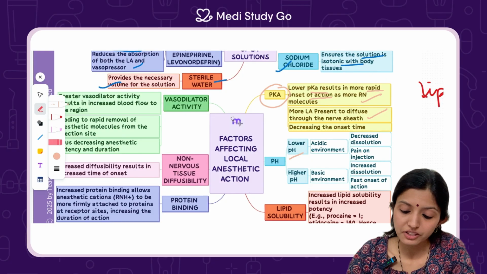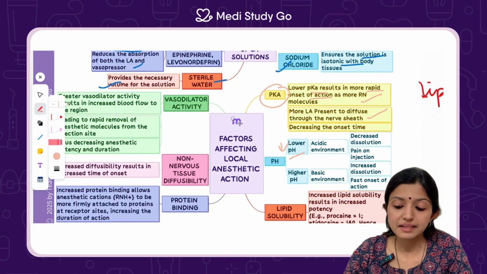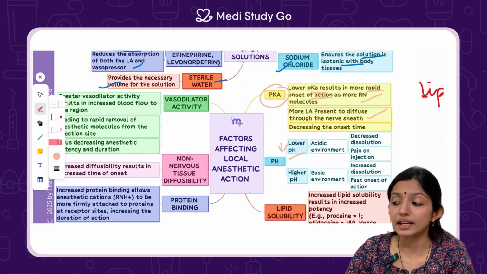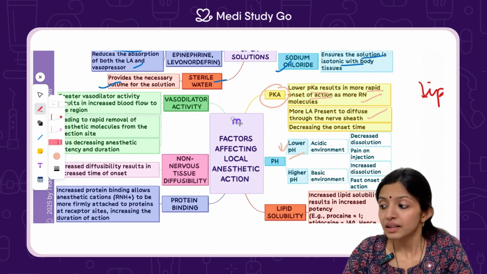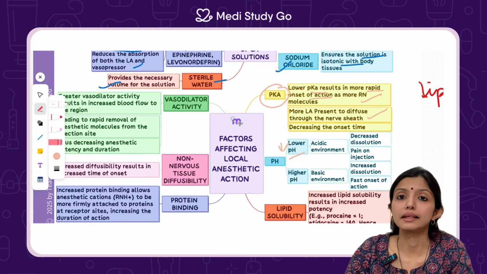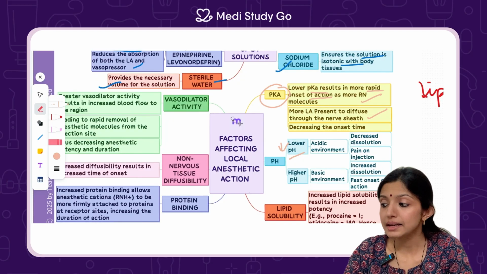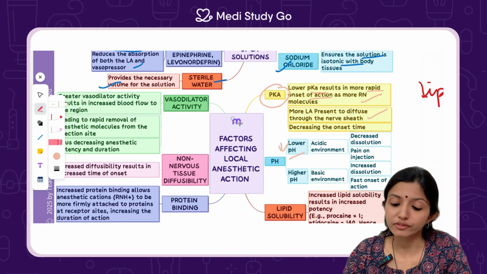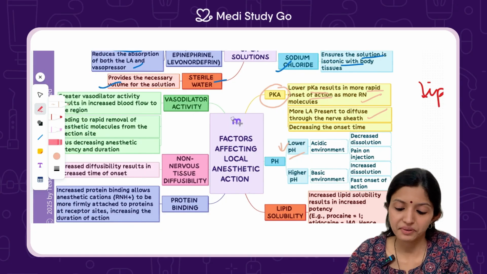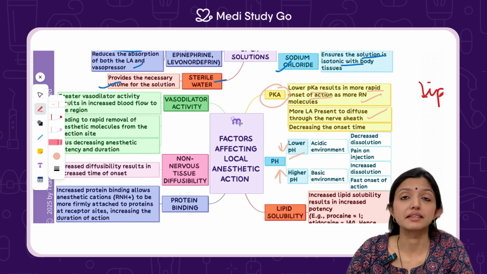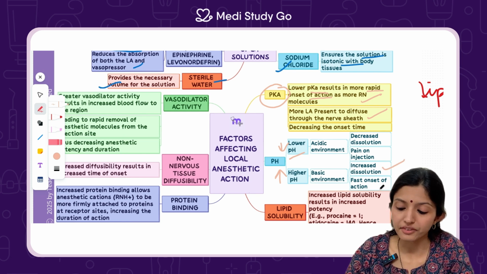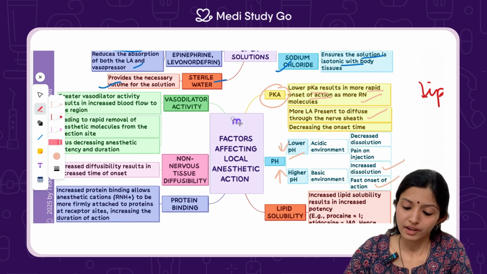A lower pH results in an acidic environment, which decreases the dissolution, and it also increases the pain on injection. Because of this, the nerve is not in the ionized form and the diffusibility of the local anesthetic is decreased. A higher pH means there is a basic environment, there is increased dissolution, and it results in faster onset of action.